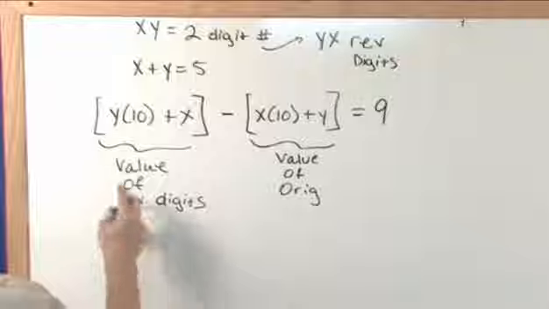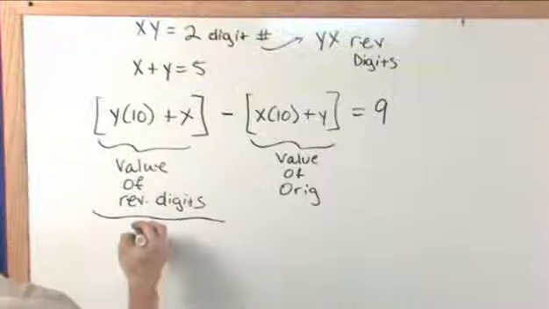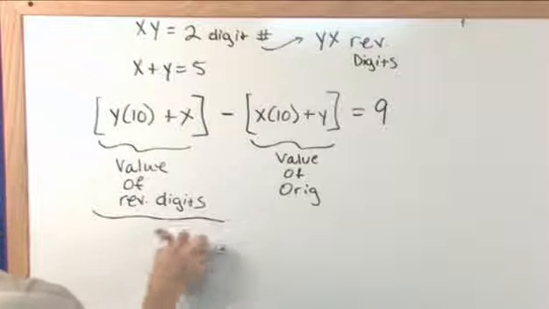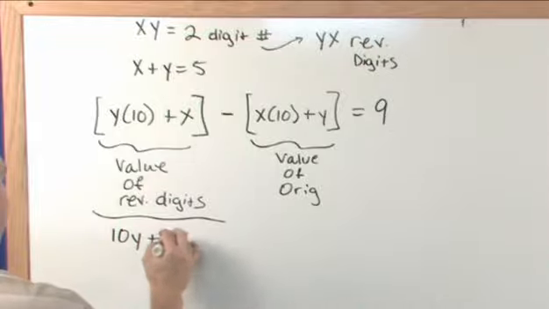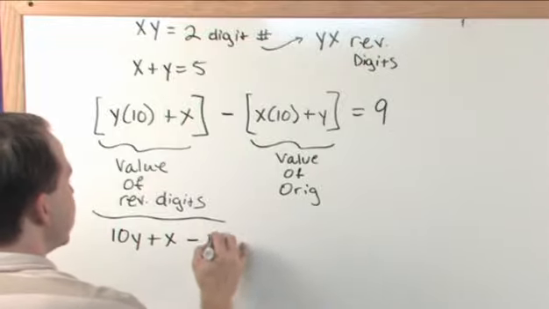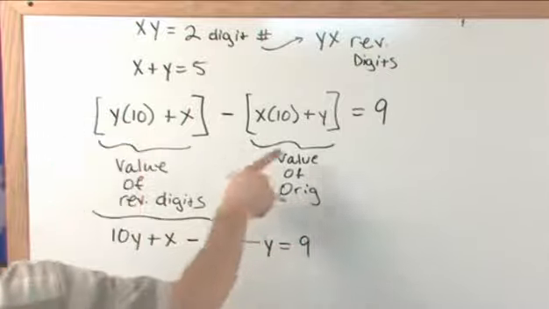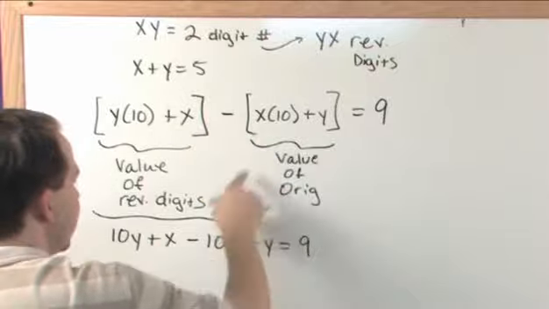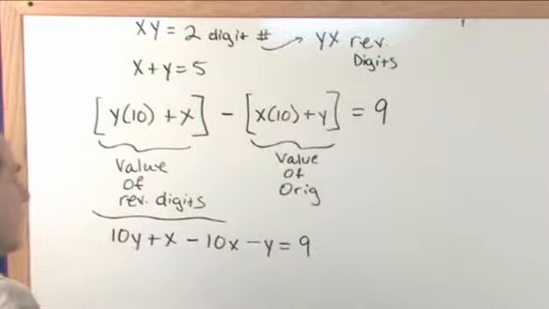So the first thing let's do is just go ahead and simplify this. These are our two equations. Let's simplify this bottom one. So it's 10y plus x minus 10x minus y is equal to 9. Now be careful about your signs. You have to distribute this minus 1 in.